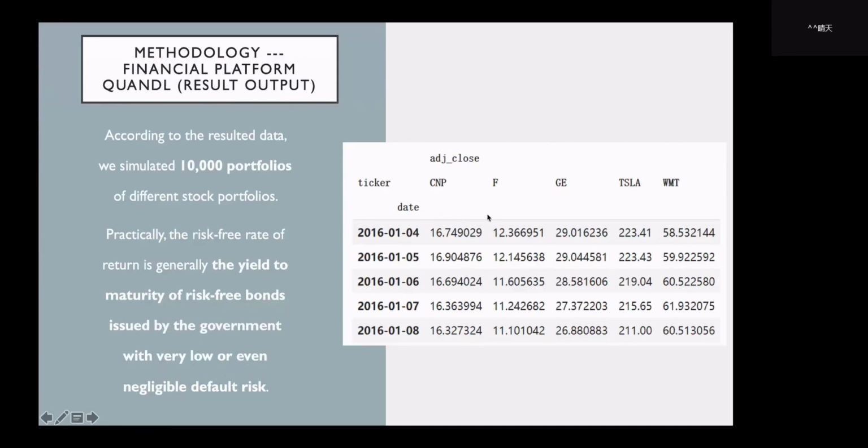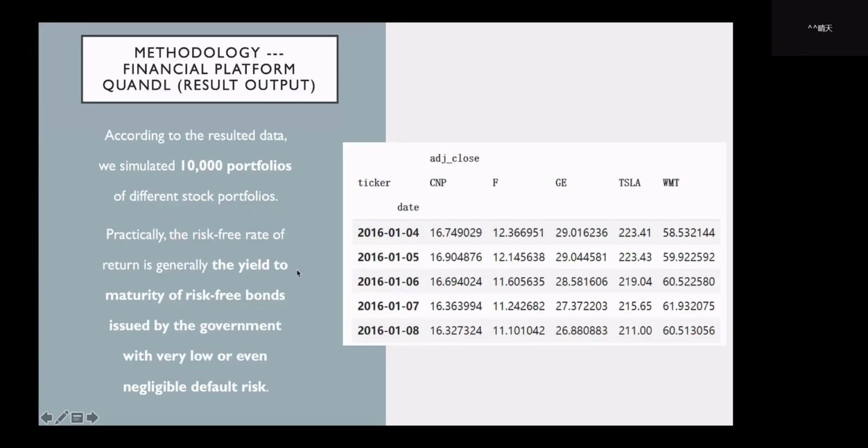So here are the results of the last code, in which we selected the 5 stocks, which are CMP5, GE, TSLA, and WMT here. According to our results, we simulated about 10,000 portfolios of different stock combinations.